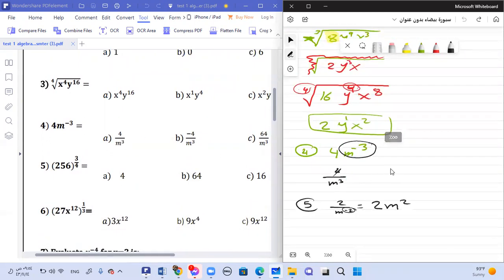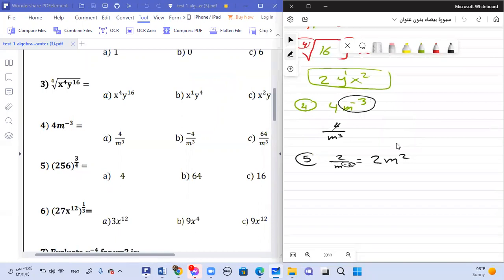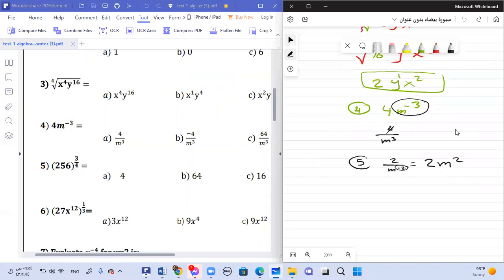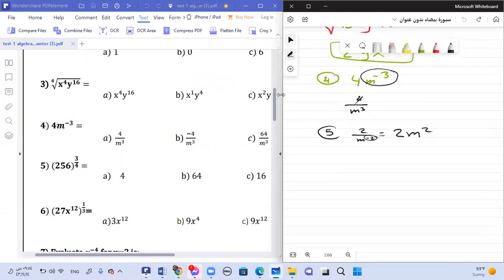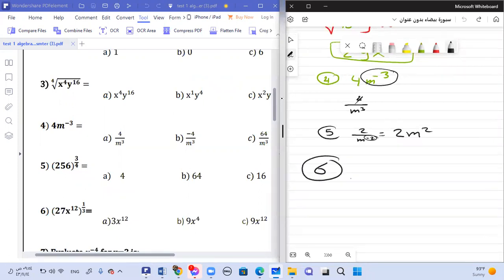Any exercise in grade 12 without a variable, I confirm to you, any exercise without a variable in the exam, you can use the calculator. For example, exercise number 6, you can use the calculator to find it. 256 power of 3 over 4.